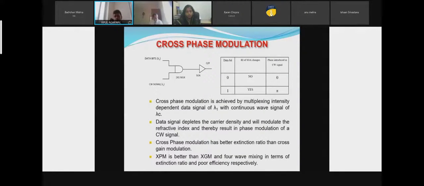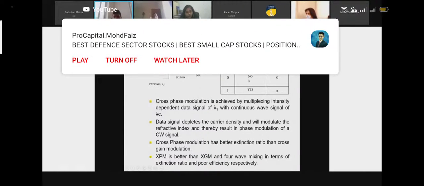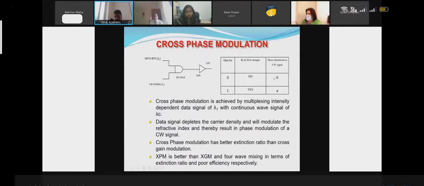Our XOR logic, which is used in the parity generator, uses a semiconductor optical amplifier, which exploits cross phase modulation. So what is cross phase modulation? Here you can see a continuous wave signal and data bits are multiplexed in the SOA. Whenever the data bit is 0, there will be no depletion of electrons because the input pulse is 0, so the phase introduced in the continuous wave will be 0.